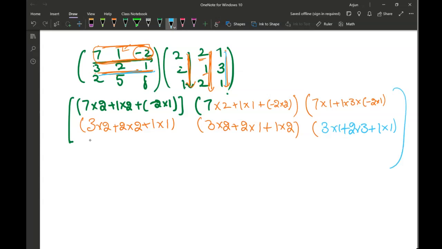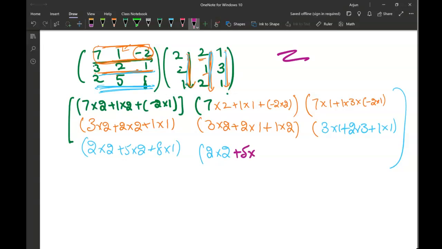And then the third row: 2 times 2, this and this, 2 times 2 plus 5 times 2 plus 8 times 1. Then the same terms multiplied by this: 2 times 2 plus 5 times 1 plus 8 times 2.